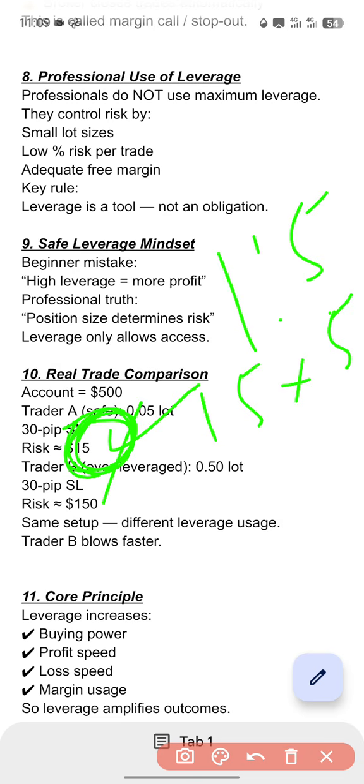So 5 times 1 is 5, 5 times 5 is 25, so that means that you are making $75 profit if the trade goes in your favor. But if the trade does not go in your favor, you are losing $15.